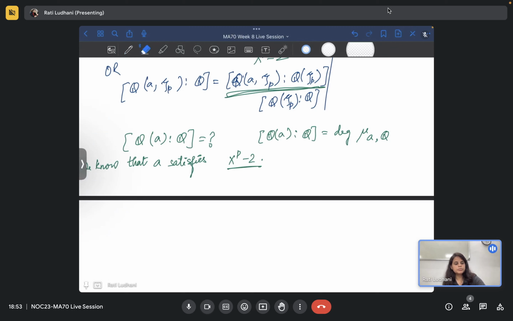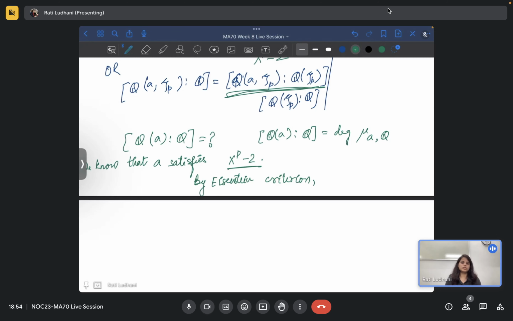For minimal polynomial, you can use the Eisenstein criterion. By the Eisenstein criterion, what does this say? Can you recall what the Eisenstein criterion for a polynomial is, to check whether it is irreducible or not?